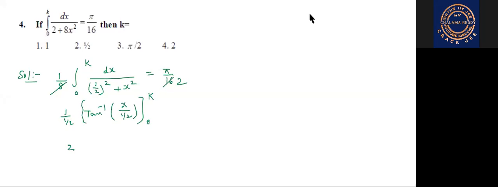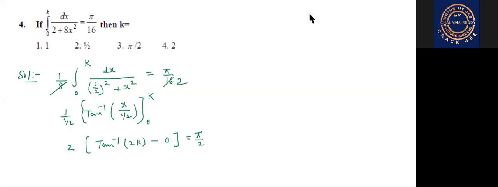Now this is 2. Apply the upper limit and lower limit. You will get tan inverse of 2k, in place of x substitute 2k, minus tan inverse of 0, which is 0. That is equal to pi by 2.